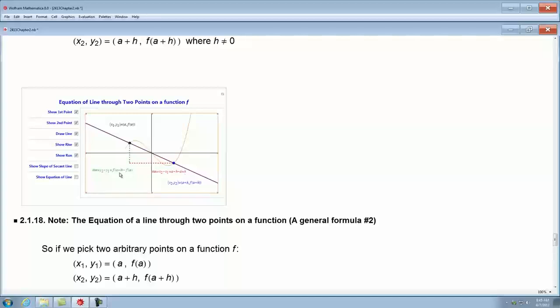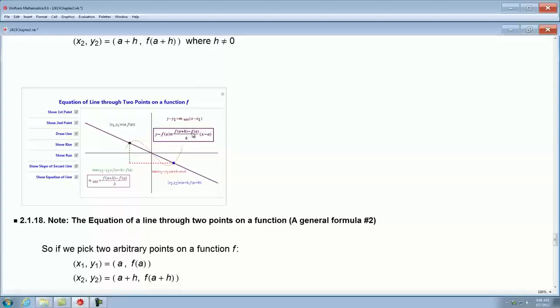My rise is this. So the slope of the secant line, the secant line that goes through those 2 points, is f of a plus h minus f of a, that's my rise, over my run, which is just h. And then we get a new equation. Using this from earlier, y1 is still f of a, x1 is still a, but now the slope of the secant line is a little bit different.